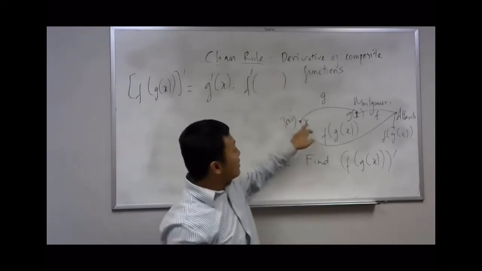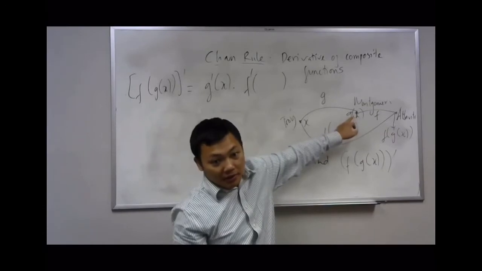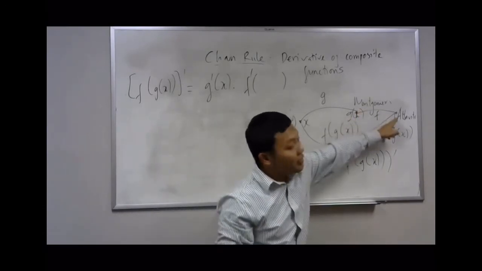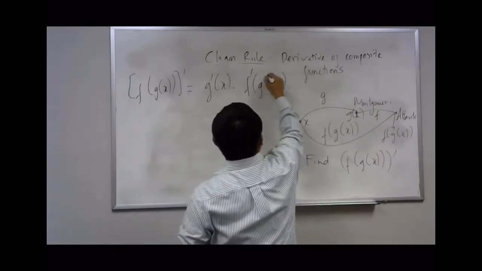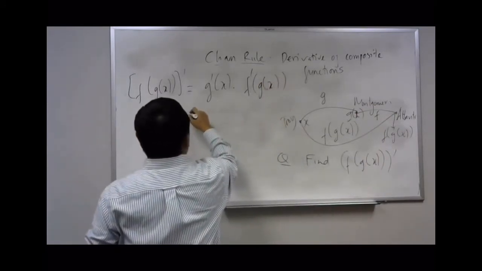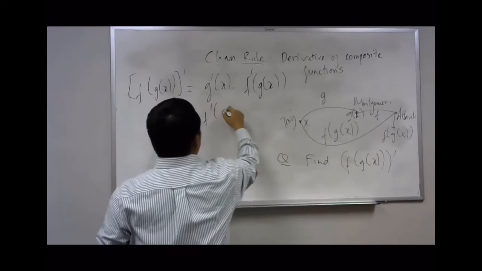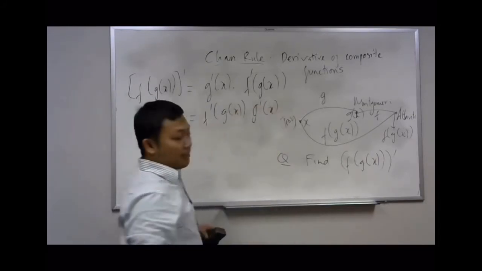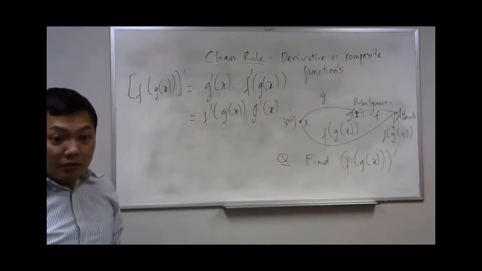But the inside is not x, right? The inside should be g of x, because we want to find the rate of change from g of x to Atlanta. So usually I write f derivative of g of x times g derivative of x. That is the chain rule.